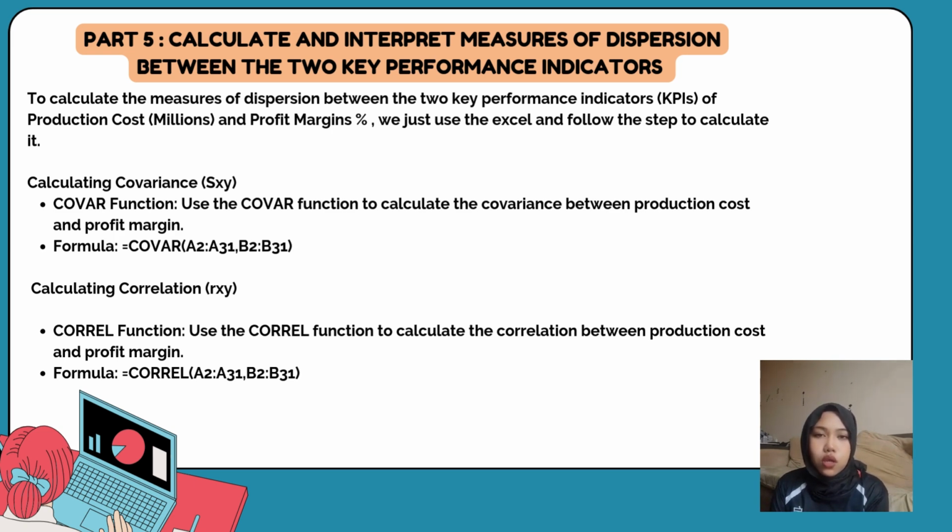A is column X for production cost, and B is profit margin, column Y. So I just fill in the data in the columns given.